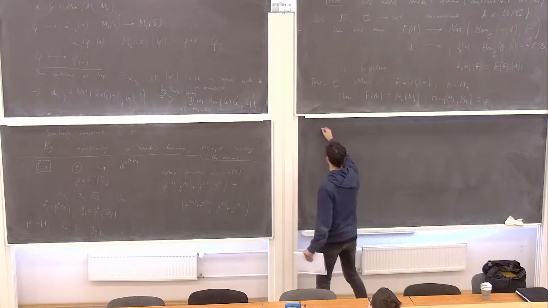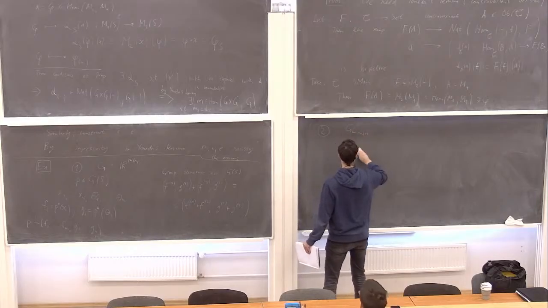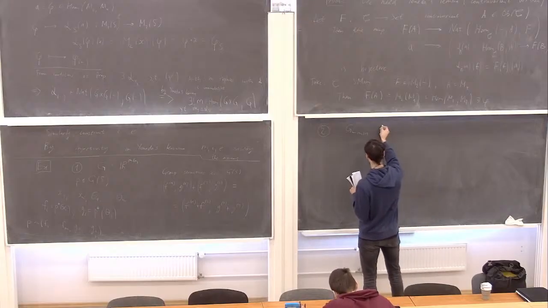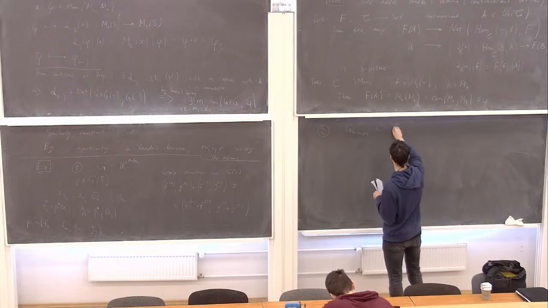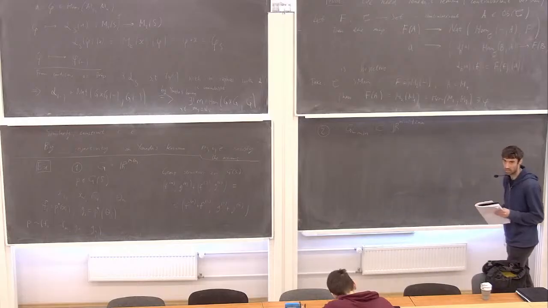So we know that it is a submanifold inside R^{m^2+n^2|2mn}, right?